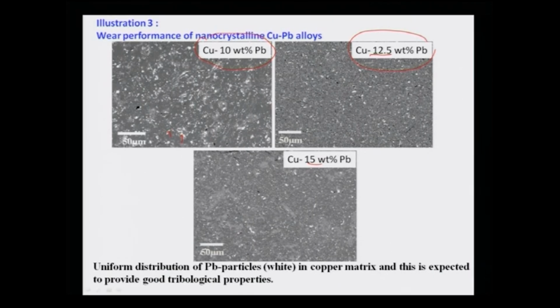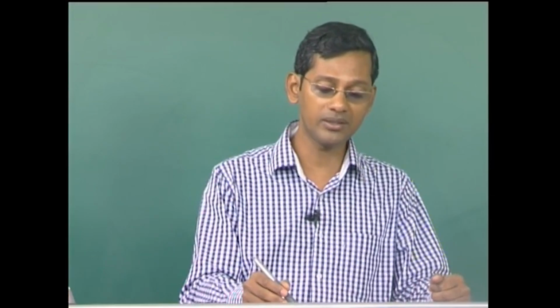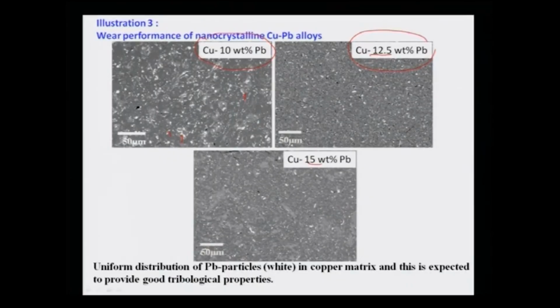These images are obtained in a scanning electron microscope using backscatter electron mode, which we will discuss as a part of this course, which can show up the Z contrast, or the atomic number contrast. Lead, having the higher atomic number, will be seen as white. So, lead is uniformly distributed in all the samples, as you can clearly see, and copper can be seen as a gray contrast, but grains of the copper cannot be seen in the SEM, they are very small.